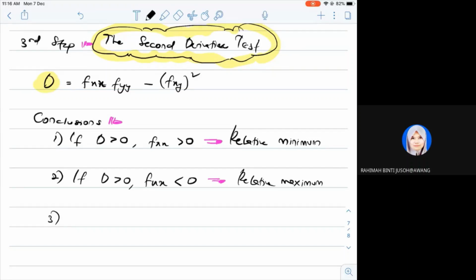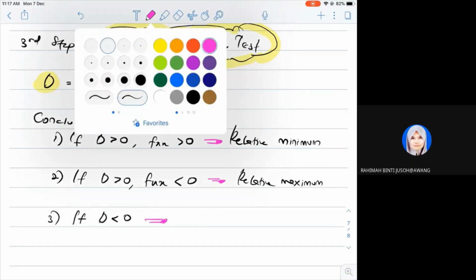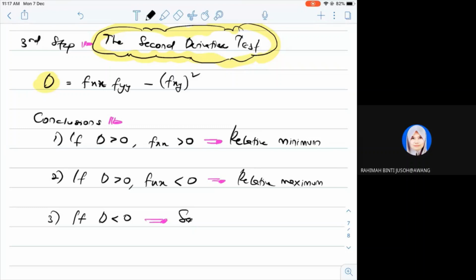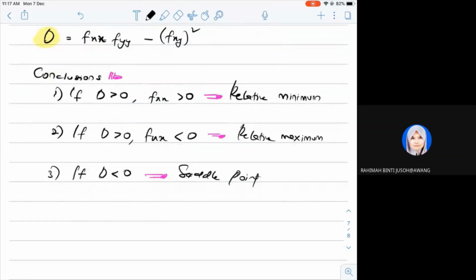If you calculate your D and you get a negative value, less than 0, then there is no need for you to refer to fxx. In the case of D negative, you directly know that the conclusion is saddle point.